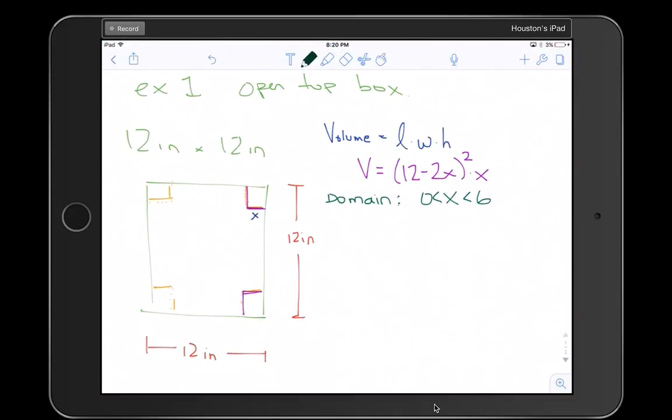So what we're really trying to find here is a local maximum. So we're going to start by finding the derivative. And it might be helpful in this case to actually expand out the 12 minus 2x quantity squared times x before we find the derivative.